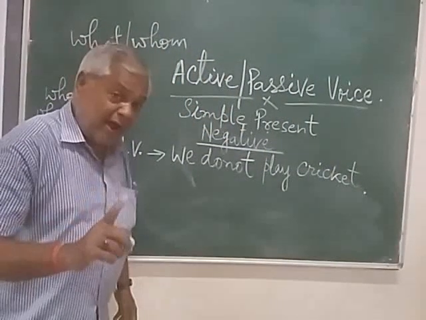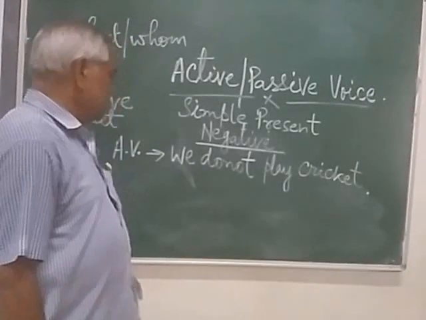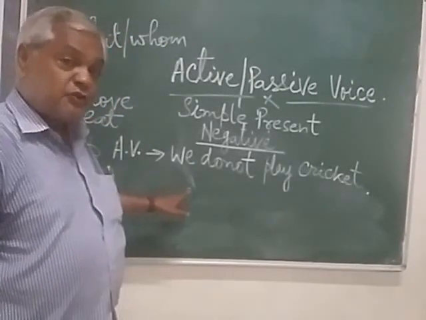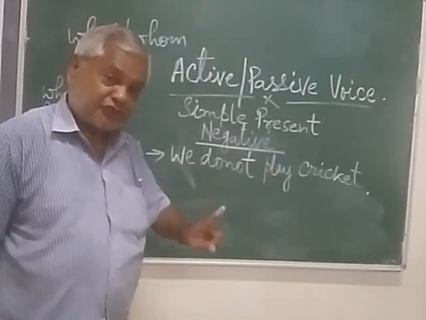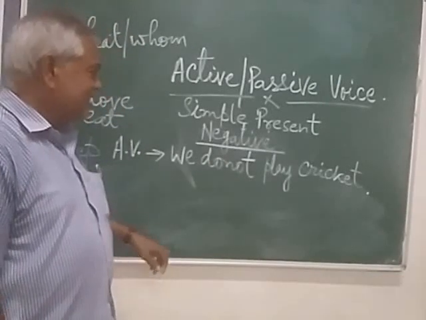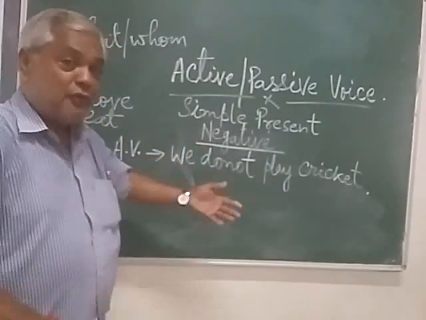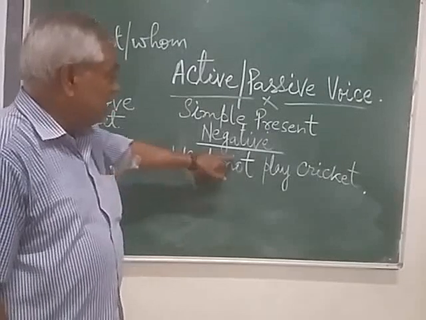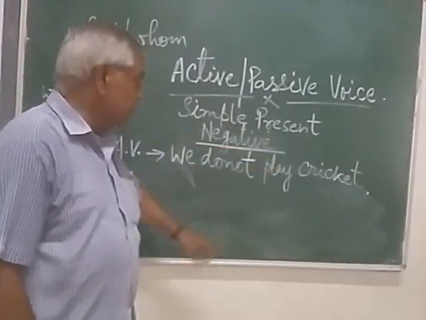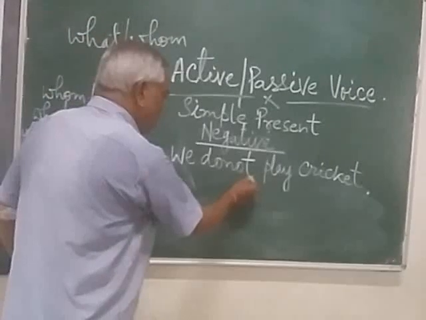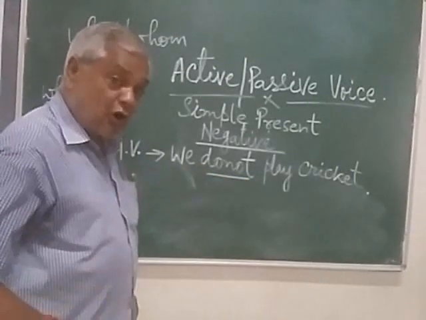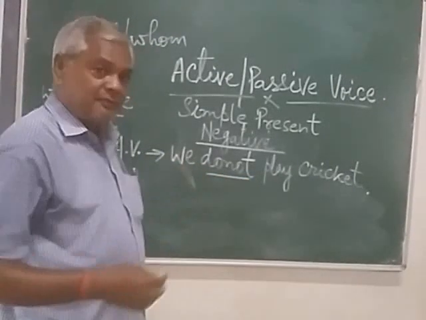Remember, I am always telling you that active voice is always of the tense part. So if you have gone through the tense, in the negative sentence of simple present, the words do not or does not are applied.